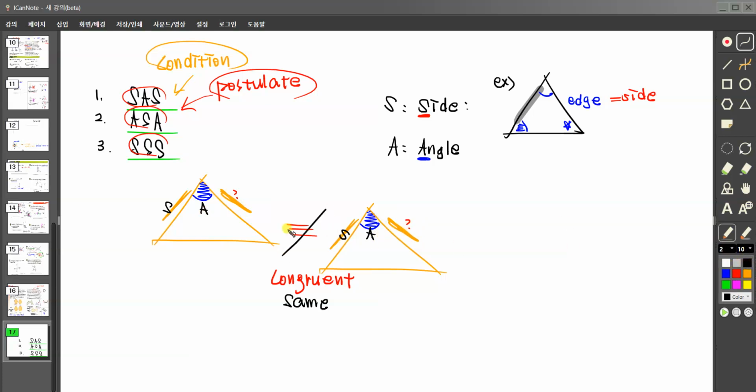Then there's not enough clues, so we cannot determine whether it is congruent or not. So it's bad. 괜찮나요? 네. 이게 약속이 이렇게 돼 있어요. 되게 중요합니다. 근데 이거는 아마 여기 책에서는 안 나올 거예요.